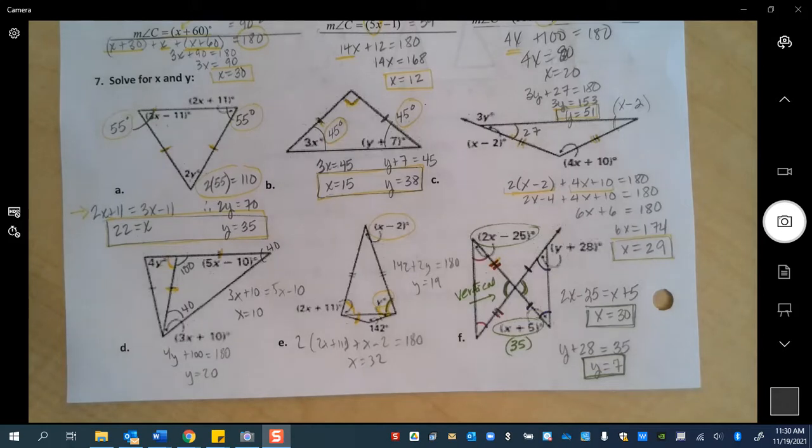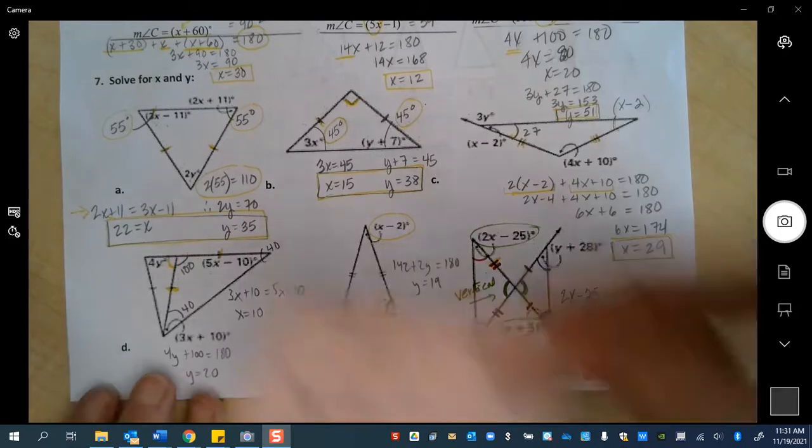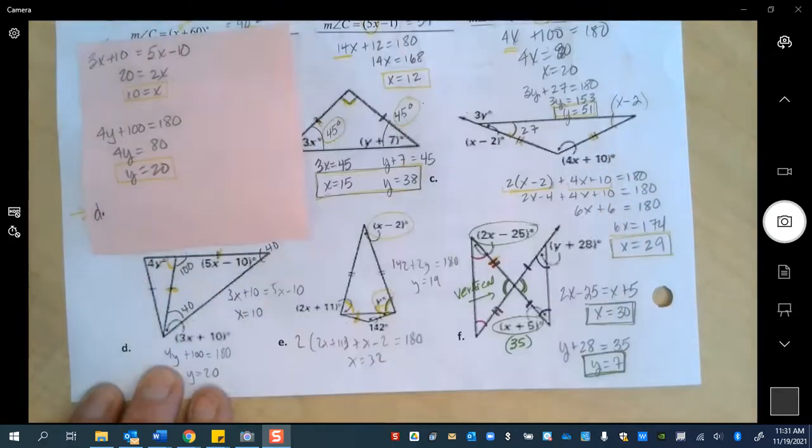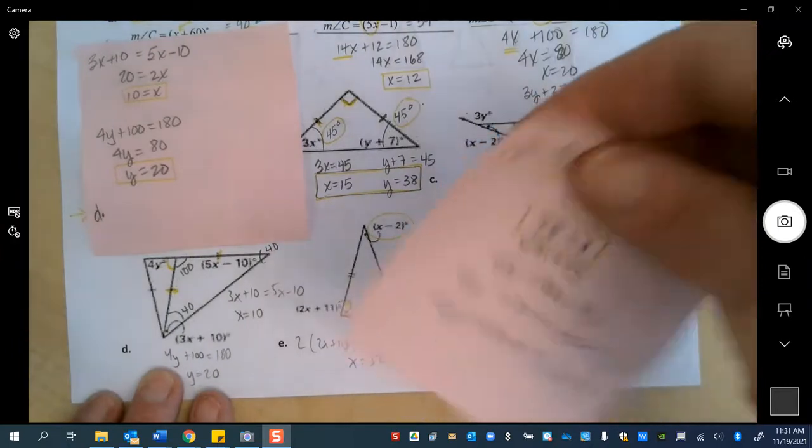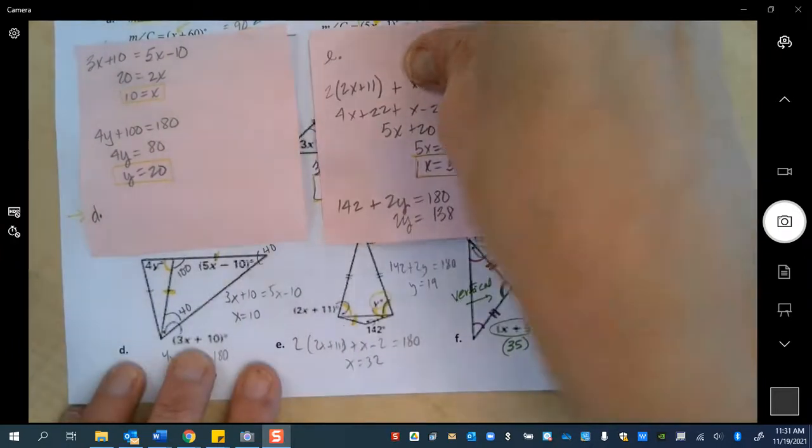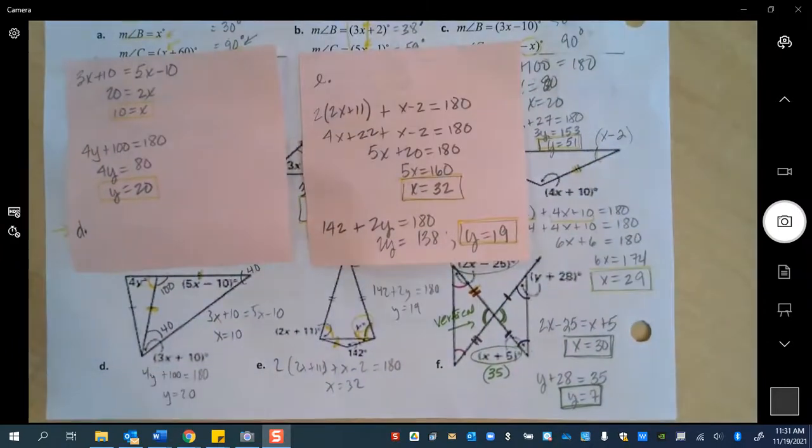Now, D and E, if you watch the video on D and E, you saw that I actually did the work on a Post-it note. I did not have enough room. I hate crowded math. So there's the Post-it notes for D and E. I think that you need to be able to see it. Anybody want to talk about any of these?